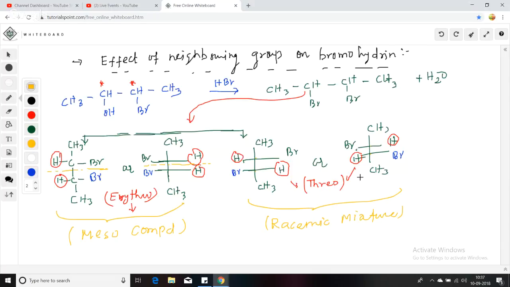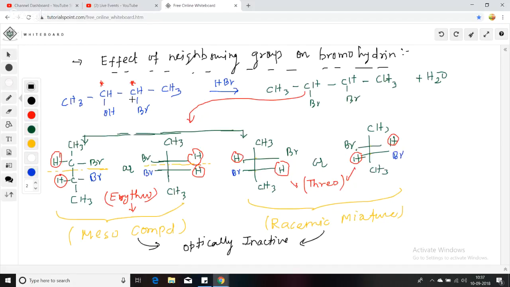We can have this and this also, which overall is also optically inactive. But this particular compound individually and this particular compound individually are optically active. Racemic mixture is optically inactive, and meso compound is also optically inactive. So both are optically inactive, this one and this one.